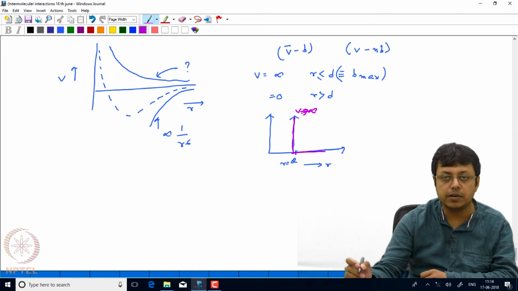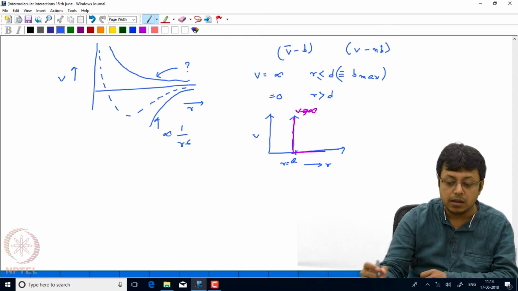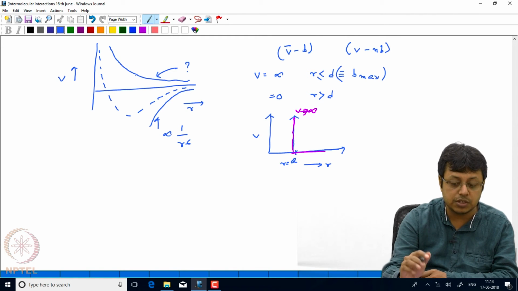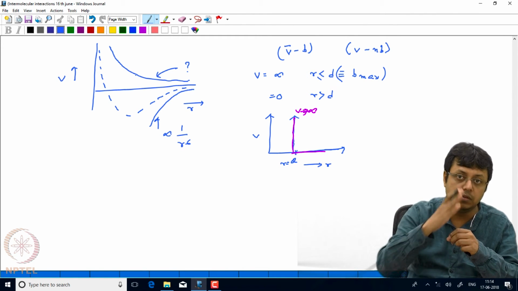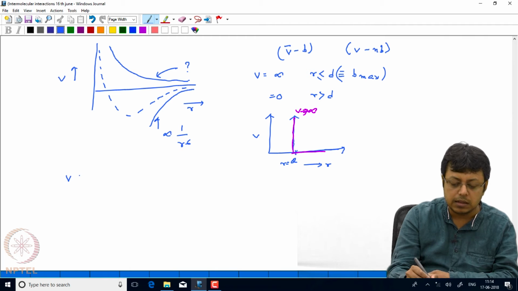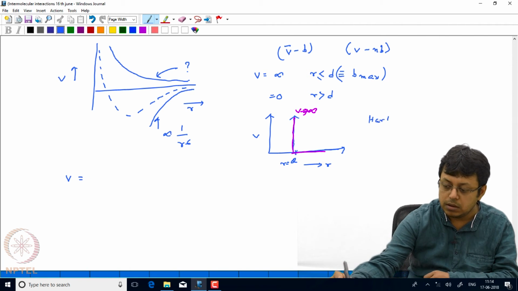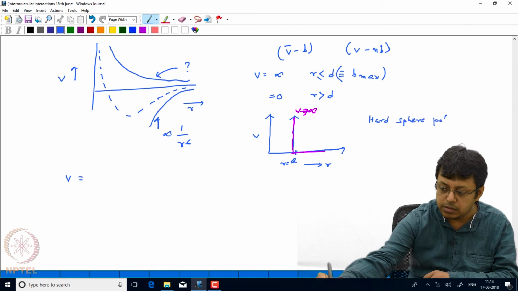This is a V versus r plot for hard spheres, but in reality the potential is very different. It has a smooth variation, and there are many other kinds of potential. This is known as the hard sphere potential.